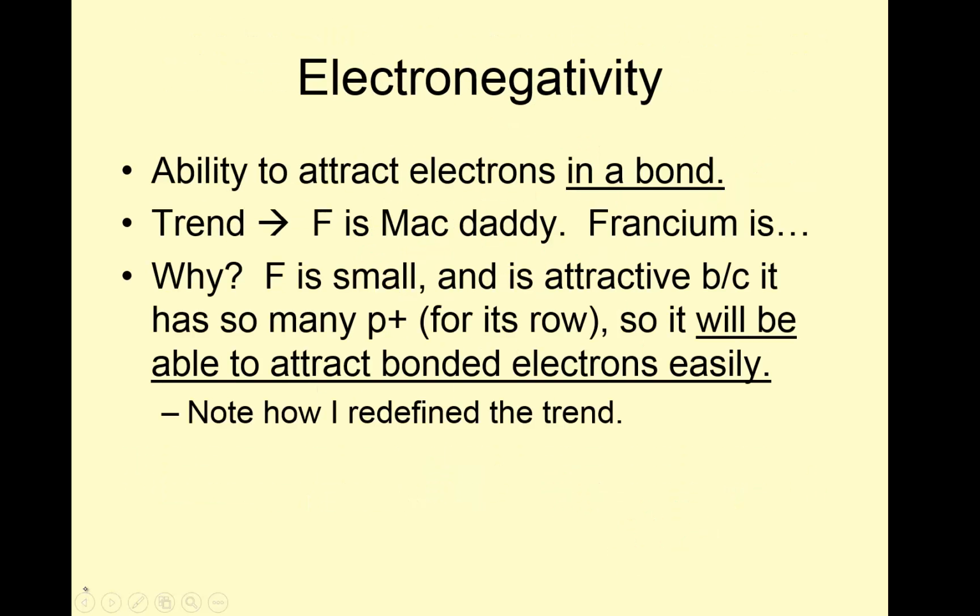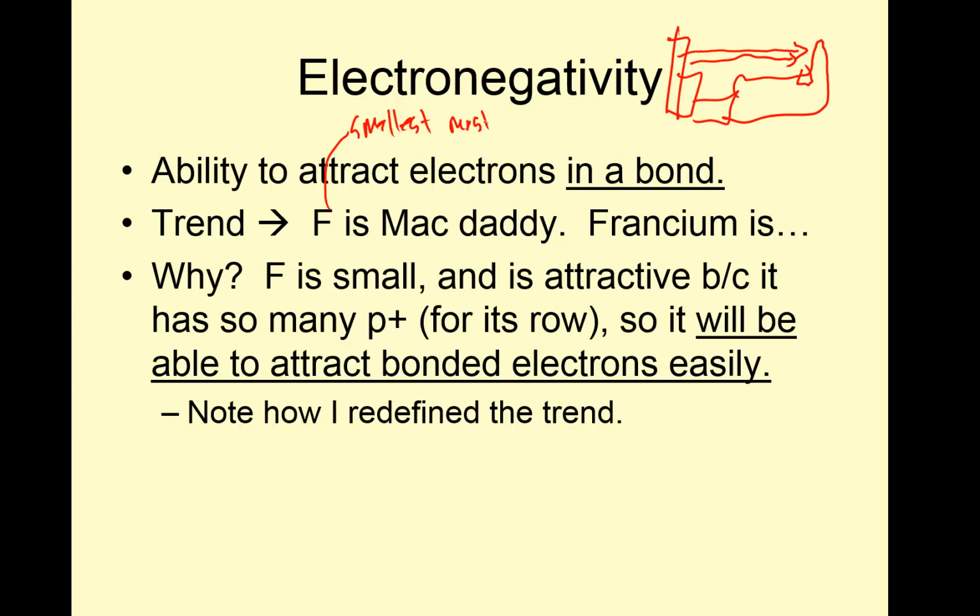Electronegativity is the ability to attract electrons in a bond. The trend: fluorine is the Mac Daddy. Get out your periodic table. Here's fluorine, the most attractive. Why? Because as you go this way, fluorine is the smallest. As you go this way, it has the most protons, so it is more attractive.